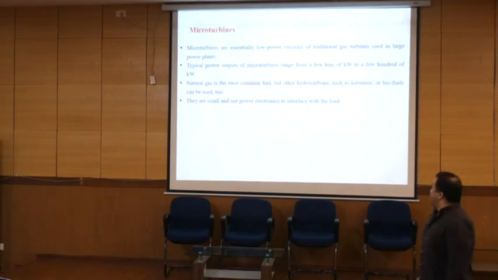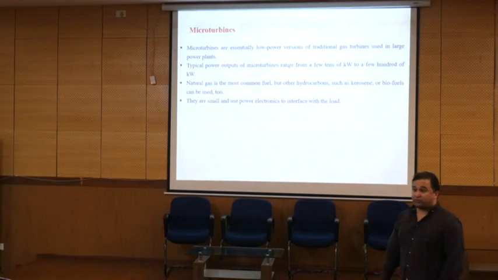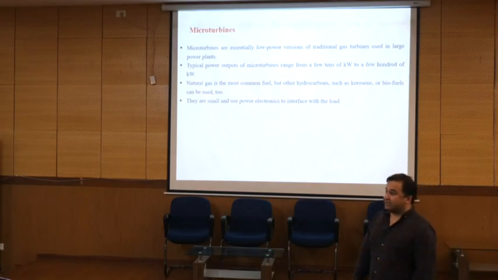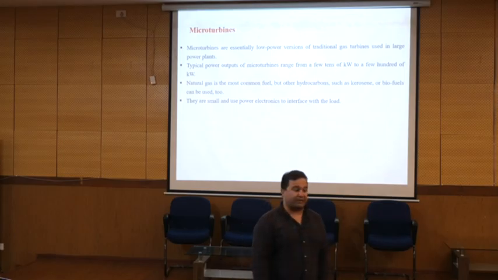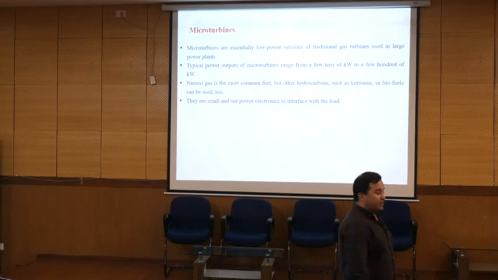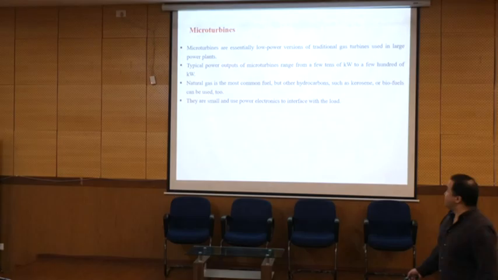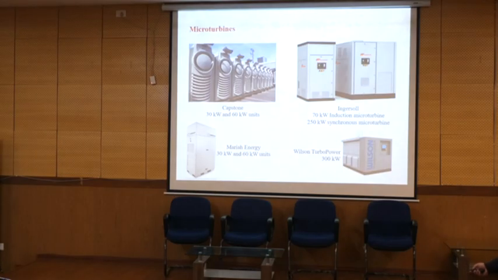so we have also micro turbine, and this is a very popular source of DG. You can provide the electricity for local load. It can provide up to, I don't know, 250, 300 kilowatt.